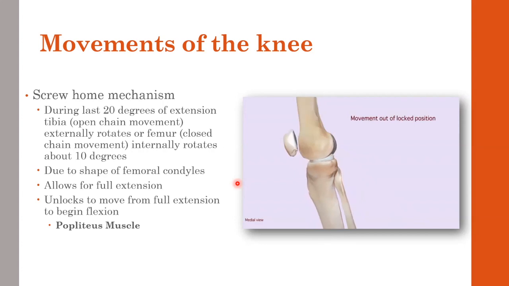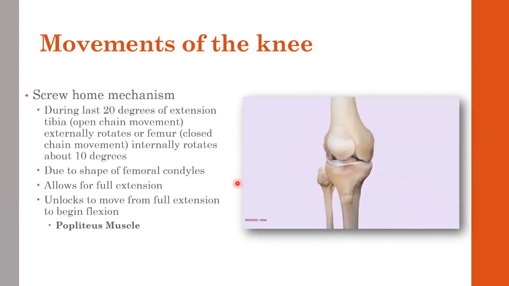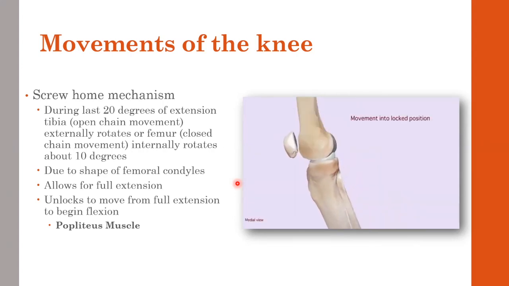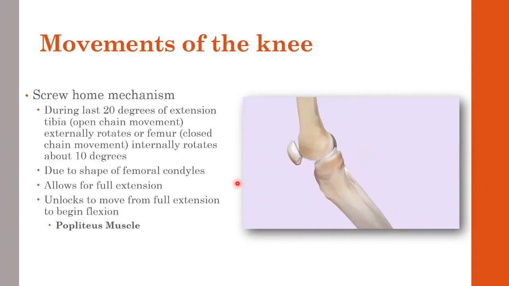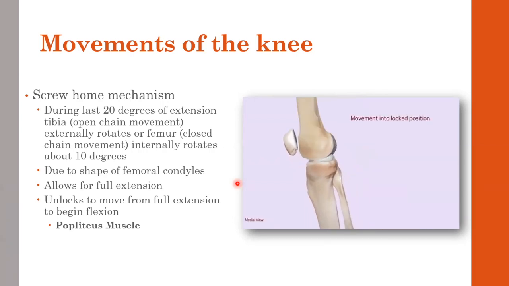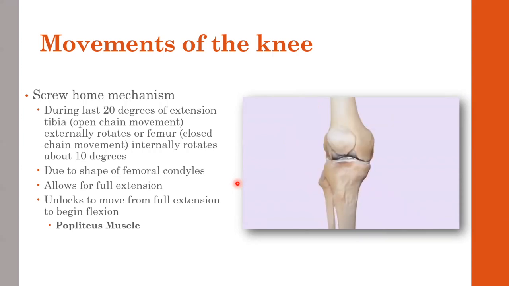As I mentioned before, the knee joint is classified as a modified hinge joint, and the main actions occurring here are knee flexion and knee extension. The only times where we see this internal and or external rotation action occurs when the knee is locking out into full knee extension and also unlocking to engage in knee flexion.